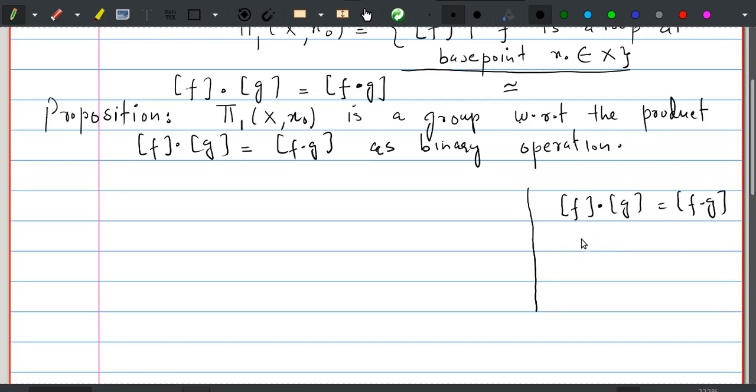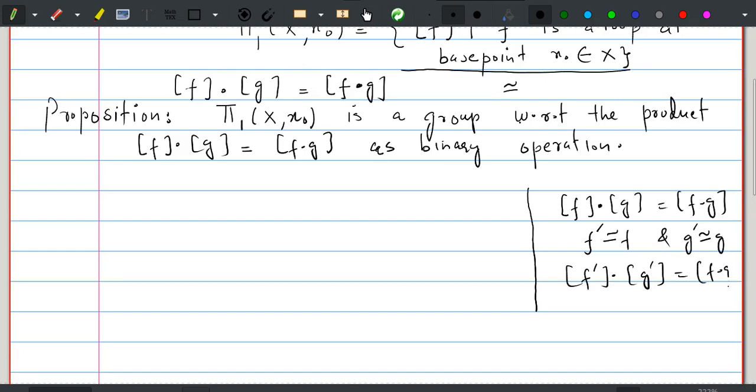That is, we have to prove that if f prime is homotopic to f and g prime is homotopic to g, then the class of f prime dot g prime is also equal to the class of f dot g. That is what we have to prove in order to show this product is a binary operation. So let us prove this.